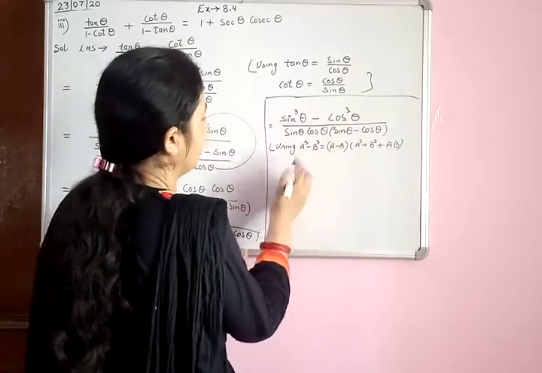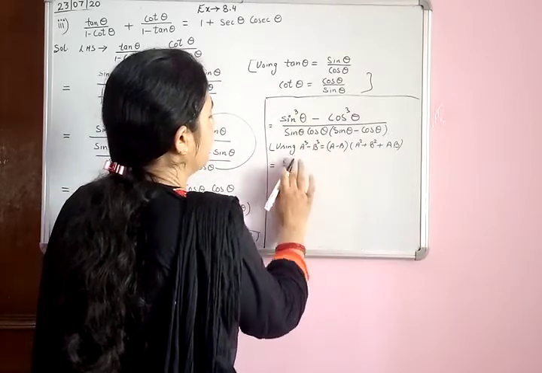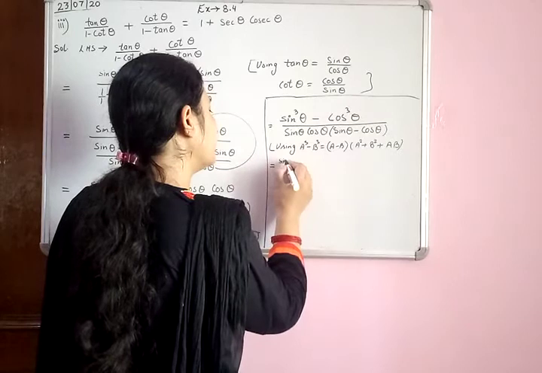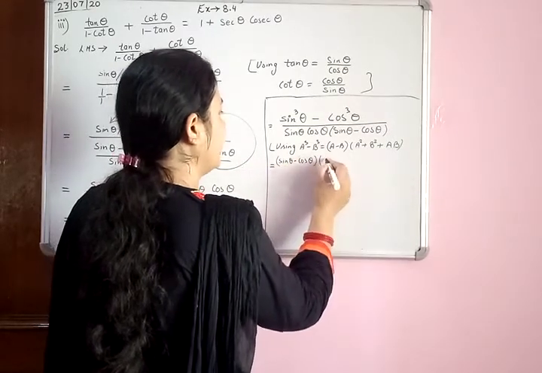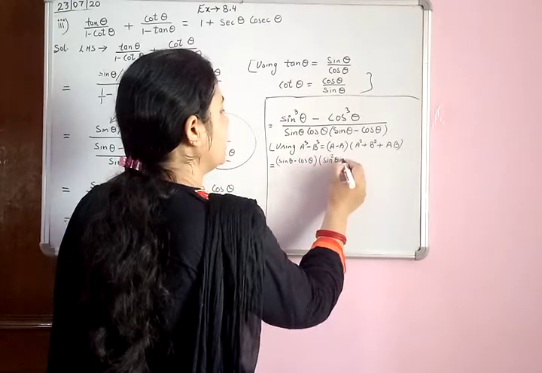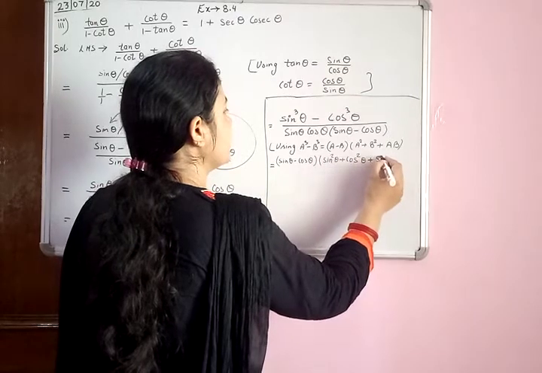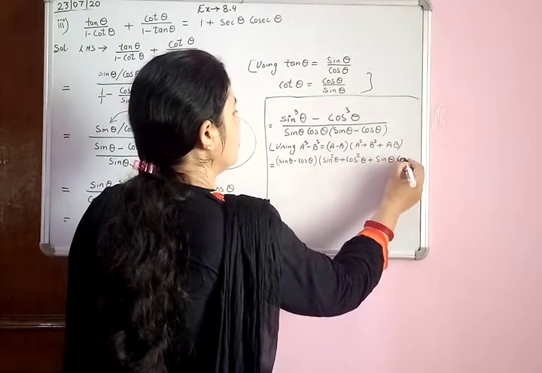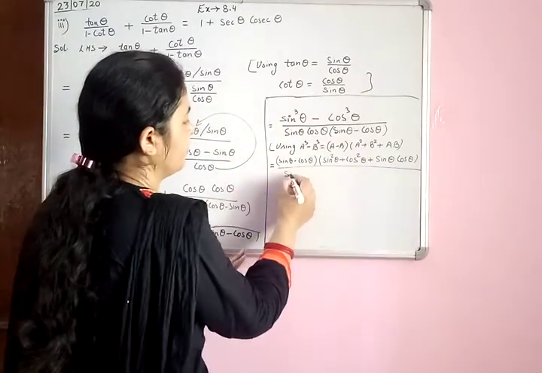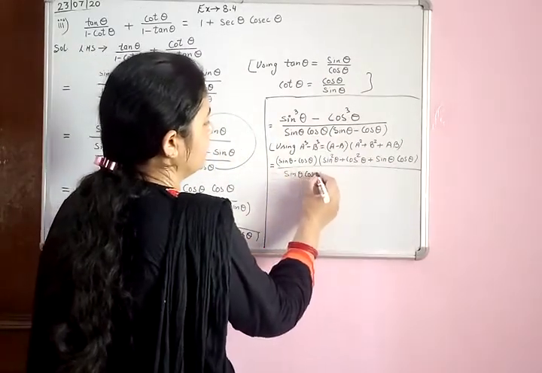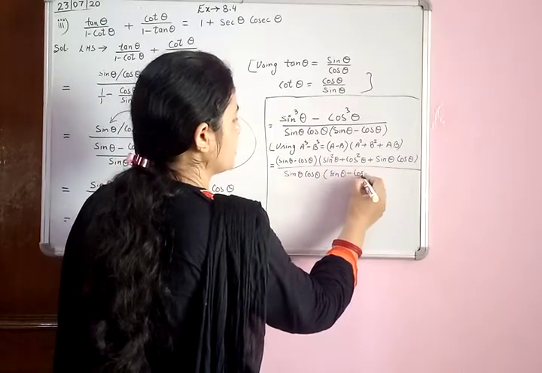So in place of a cube minus b cube, we have sin theta minus cos theta bracket sin square theta plus cos square theta plus sin theta into cos theta bracket close upon denominator is same, sin theta cos theta into sin theta minus cos theta.